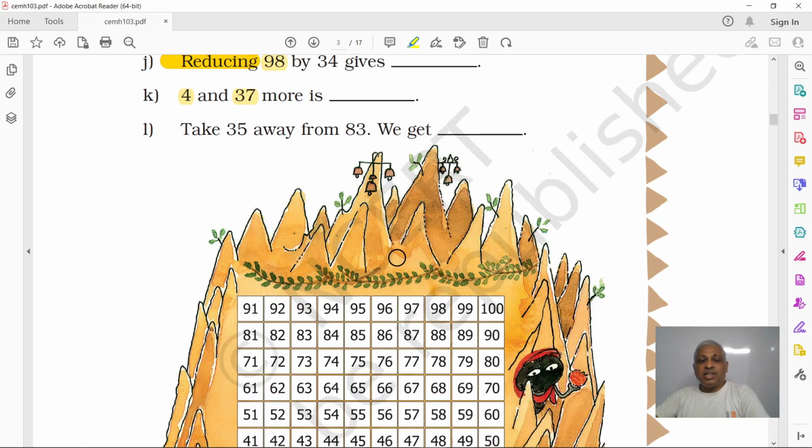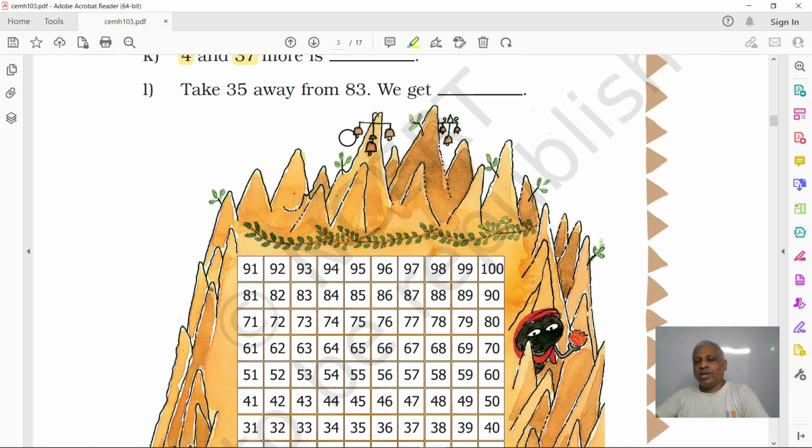Right? The next one, take 35 away from 83. Okay? Take 35 away from 83. What does it mean? Take means minus. 83 minus 35. Okay, it's a simple subtraction.